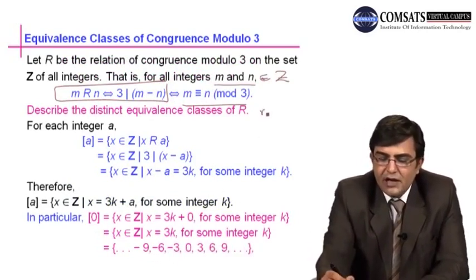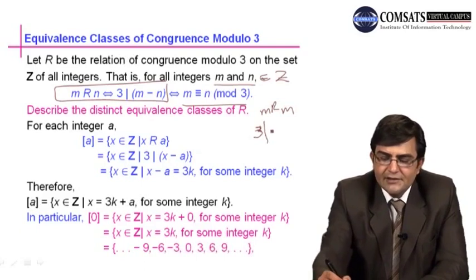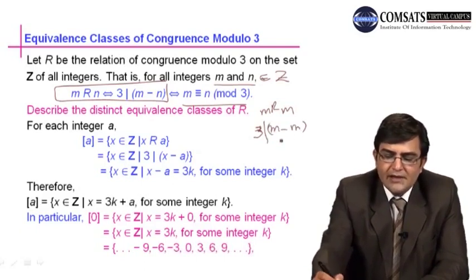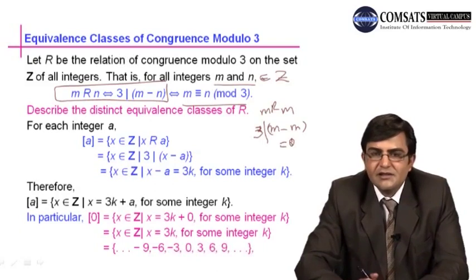We have to prove m is related to m. What does it mean? 3 divides m minus m, as this is equal to 0, so 3 divides 0. Any number divides 0, therefore m is related to m, therefore this relation is reflexive.